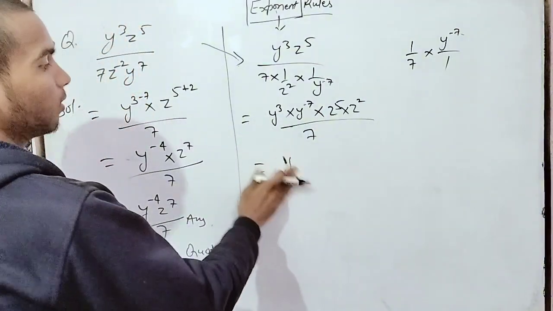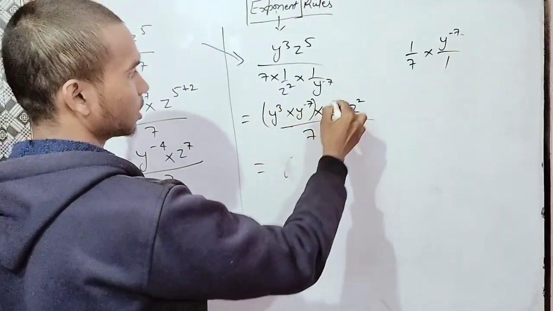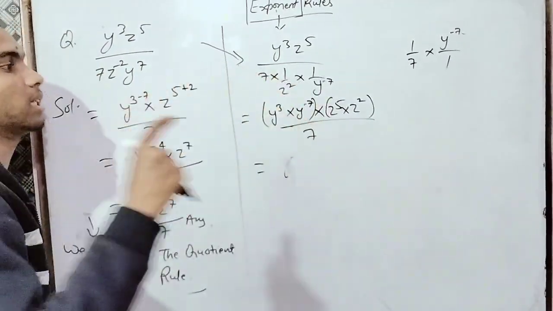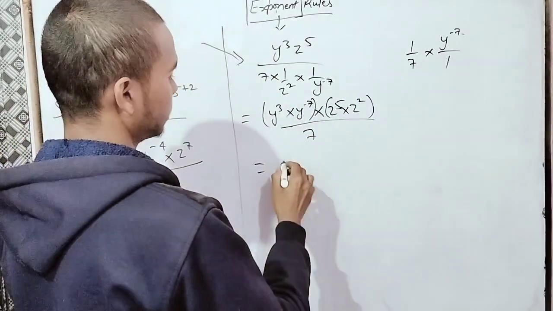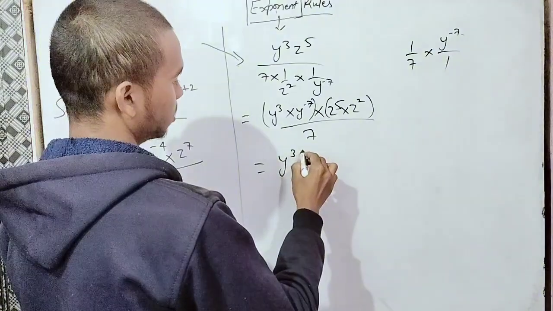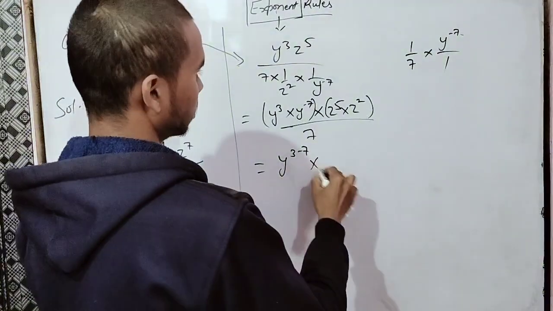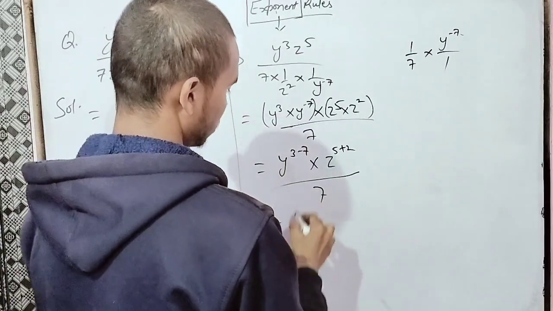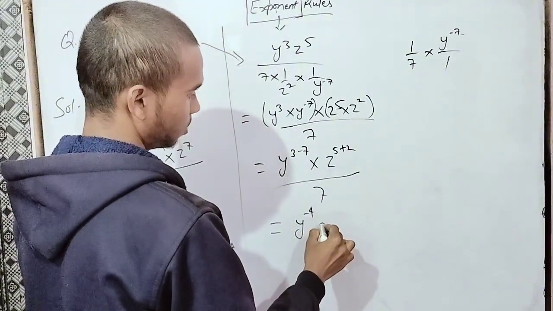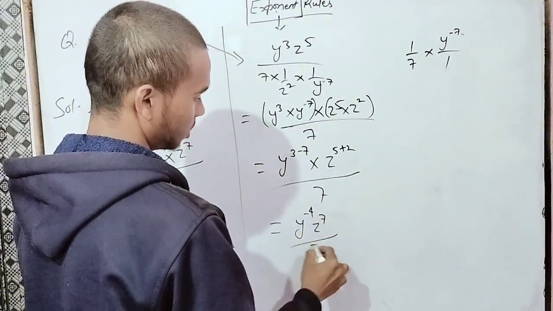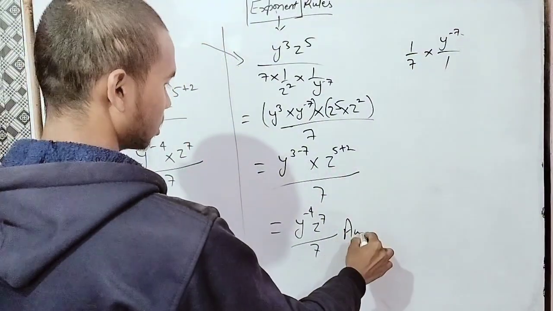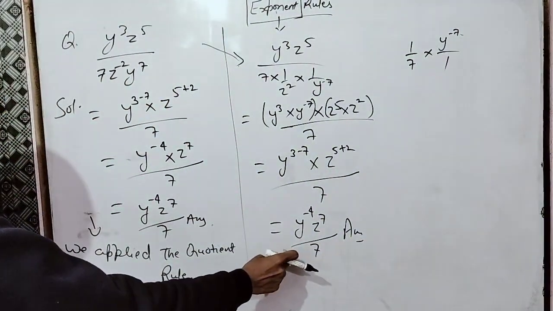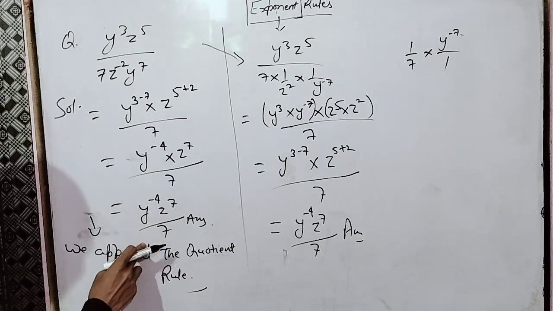So here you can see we have a product. Now we can apply the product rule. Got it? Now -4 and then 7. Just look. The answer of this question and the answer of this question is the same.